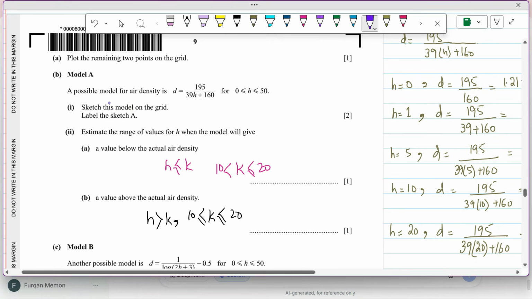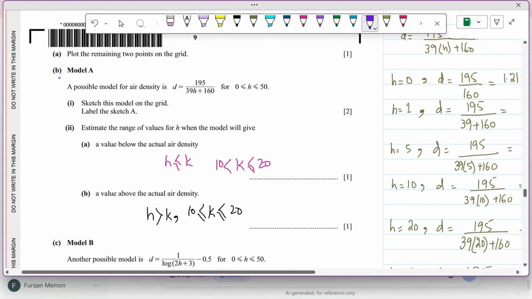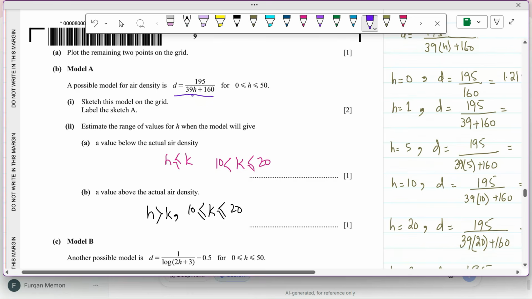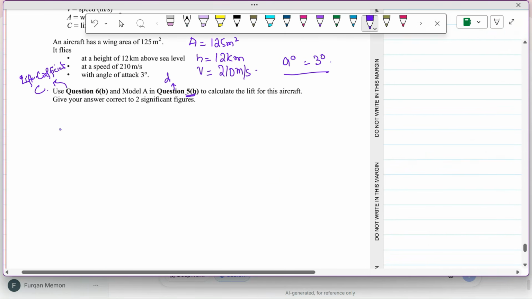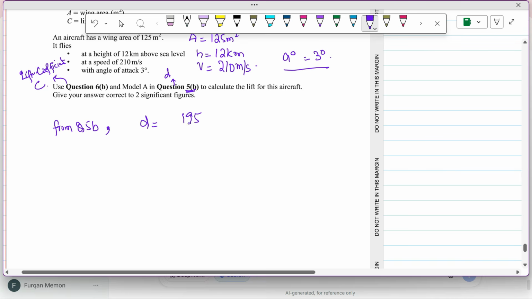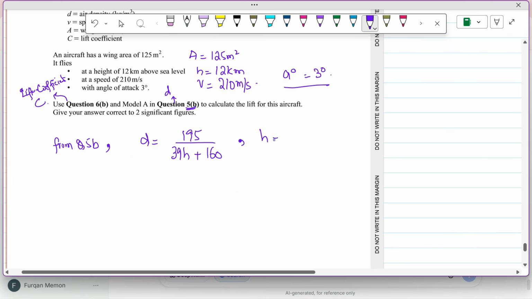This is the model for question number 5b. The model was d equals 195 over 39 H plus 160. It is given that the height is 12 kilometer.